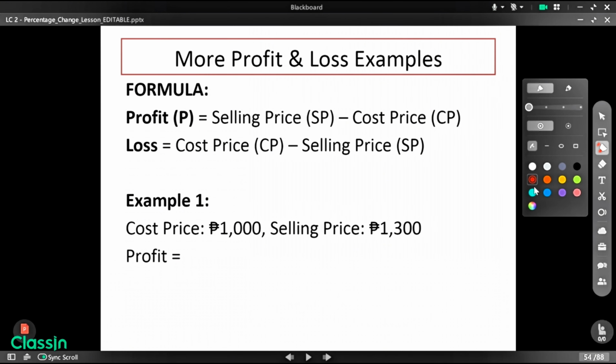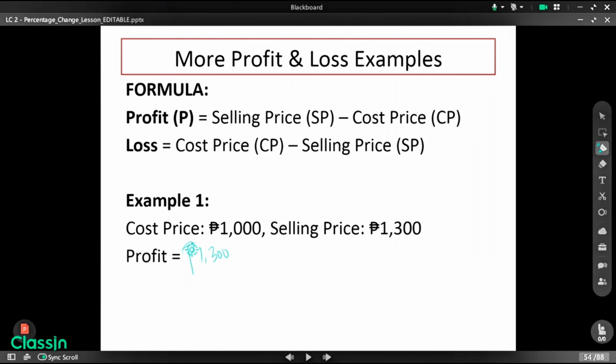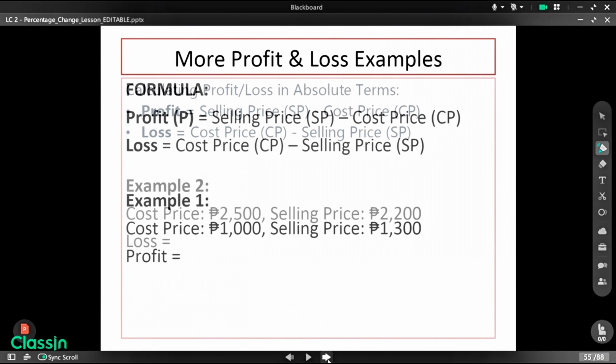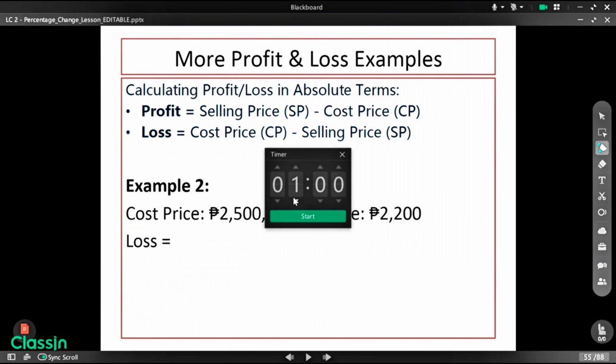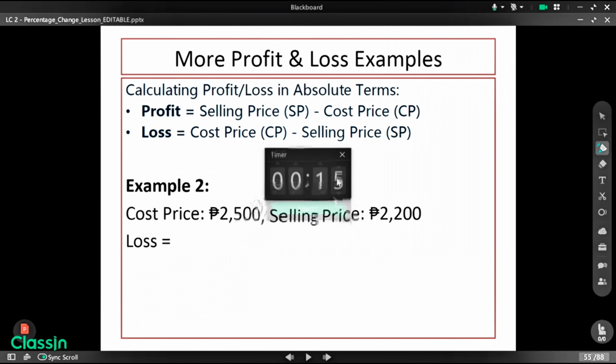The given here is cost price 1,000 and your selling price is 1,300. So how much will be your profit? It will be 1,300 pesos minus 1,000. Your profit will be 300 pesos. Now, your turn. Can you do it for 15 seconds? Your timer starts now.